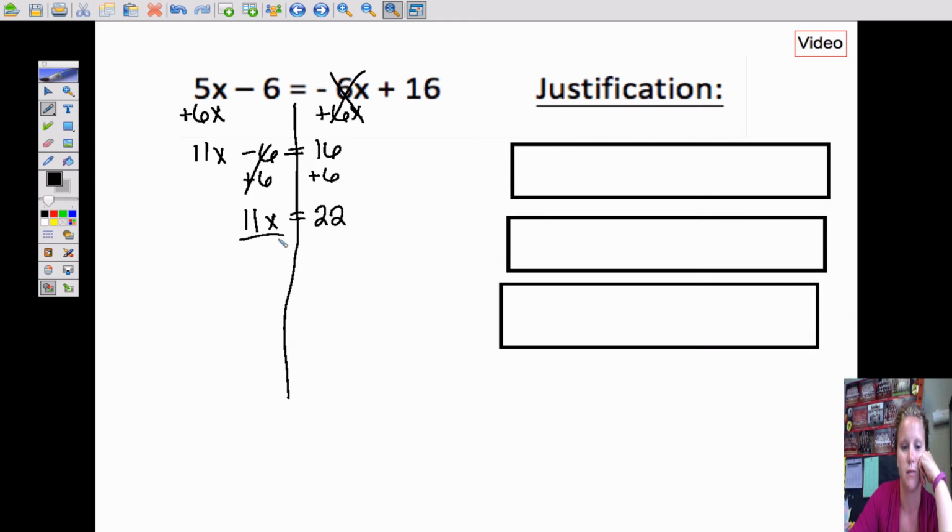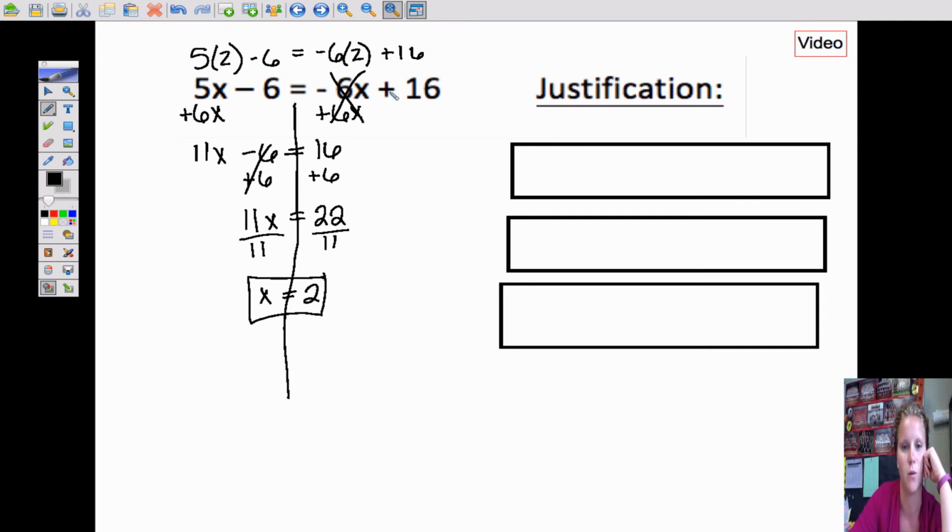I'm going to then divide by my coefficient, divide by 11, and x will be equal to 2. I could check that by saying, okay, 5 times 2 is 10, minus 6 is 4. Does that equal negative 6 times 2? Well, that's negative 12 plus 16. That's also 4. So I can always go back and check.